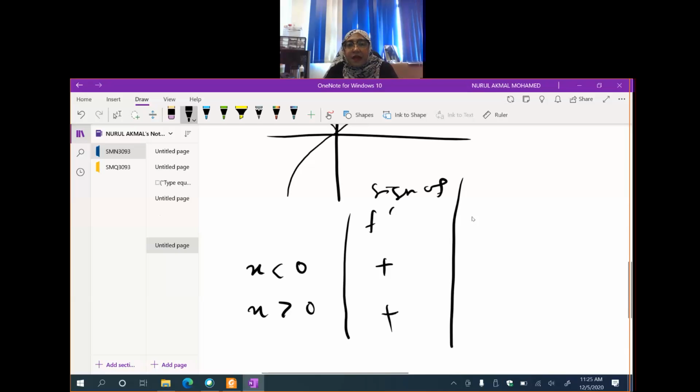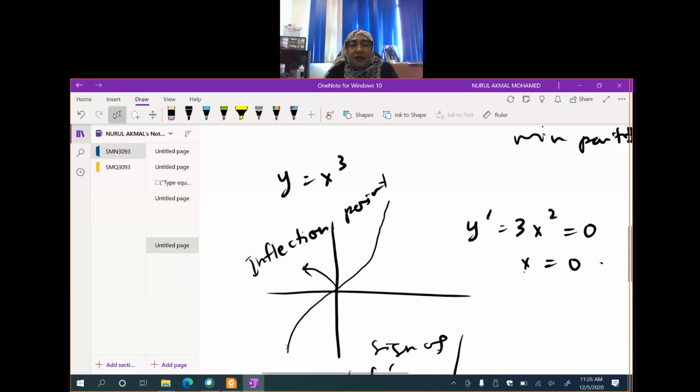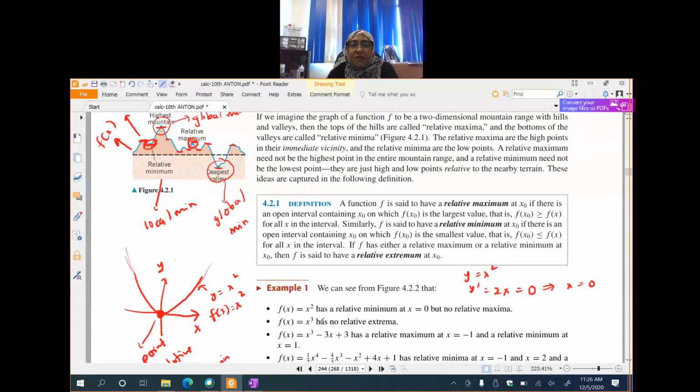If you look at the graph as well, this is increasing and this is increasing. So there is no way that x equal to 0 is a minimum or maximum value, right? So there is no minimum and no maximum for the function y equal to x cubed. So y equal to x cubed has no relative extrema. Extrema means either minimum or maximum.